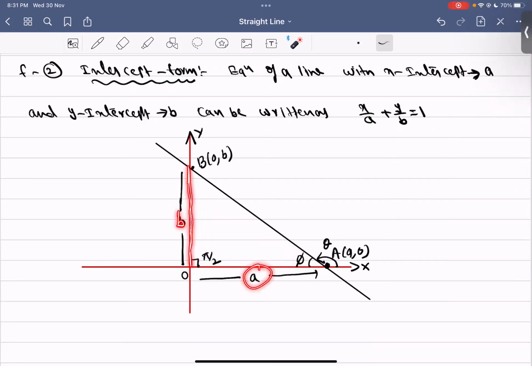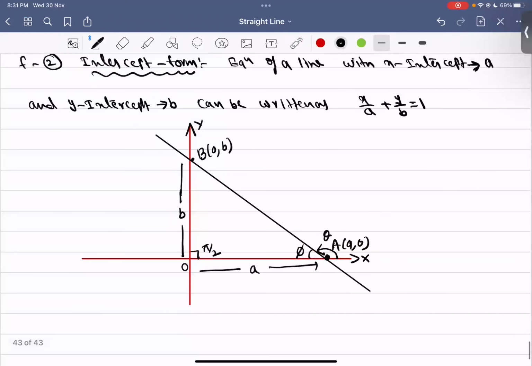Here both are placements only, placement on the x-axis and placement on the y-axis. So with the help of the previous form, that is form 1, we derive this one.